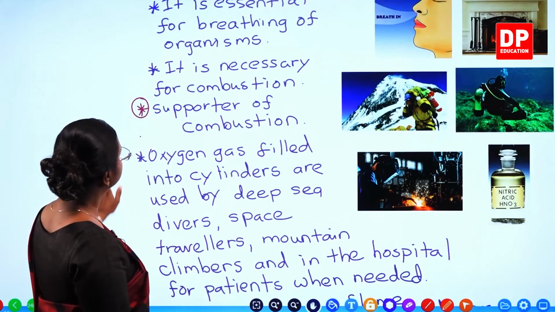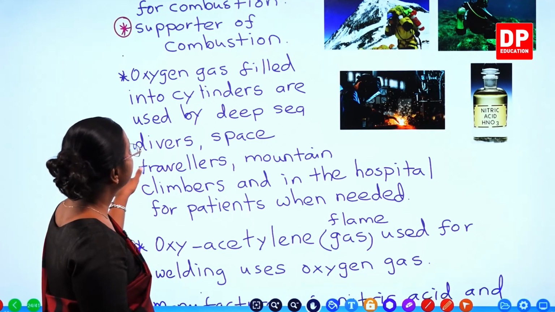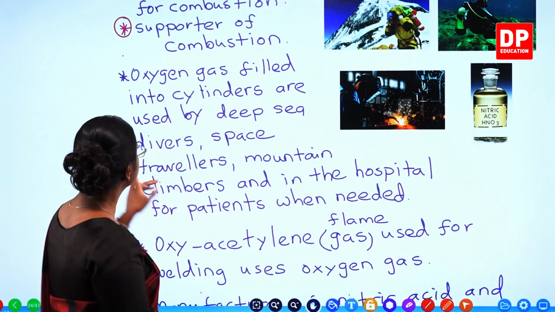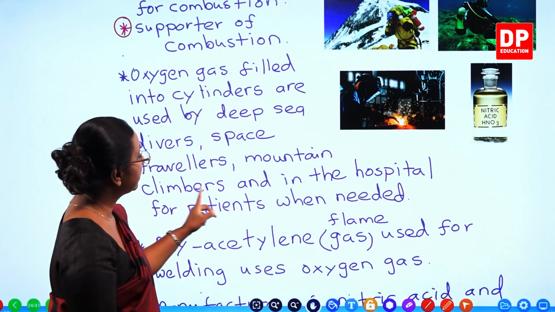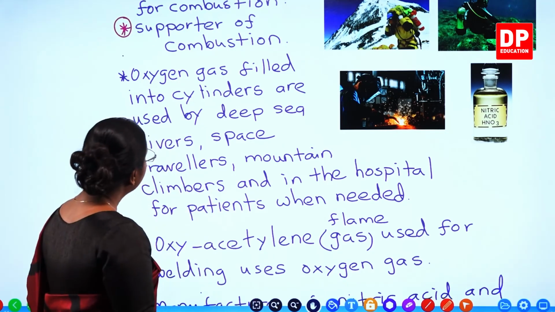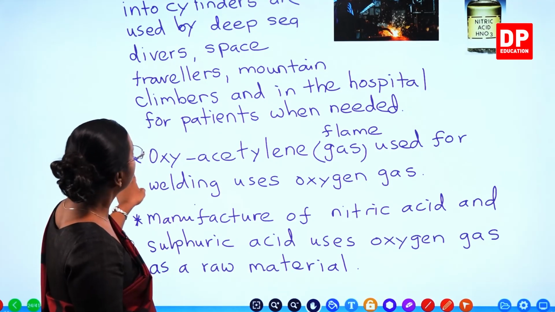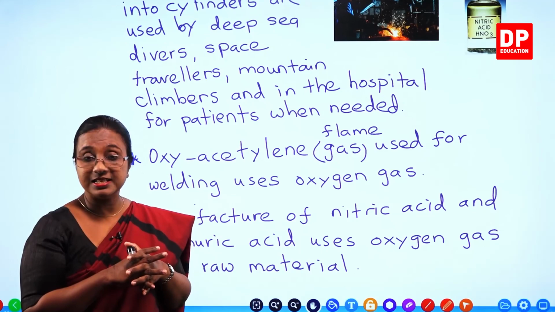It is a requirement or it is a factor necessary for combustion. One of the conditions that needs to be provided. Then we have oxygen gas filled into cylinders. When we have the cylinders, those cylinders are used by deep sea divers, space travelers, mountain climbers, and in hospitals for patients when they need it. And then we have the oxyacetylene flame. So, there it's the mixture of oxygen and acetylene gas.